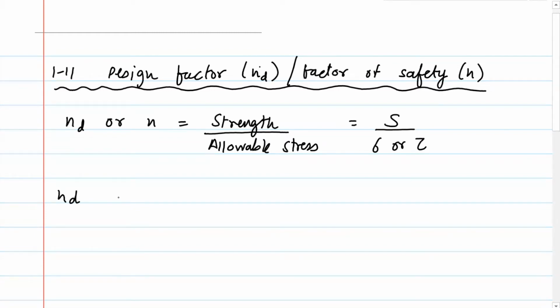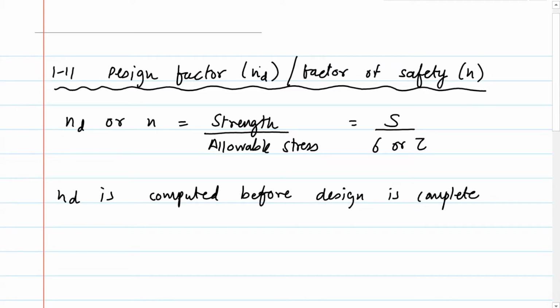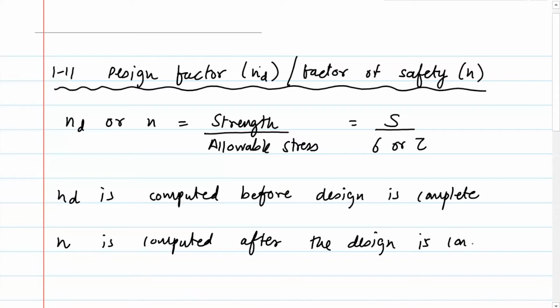So this is how you can distinguish between them. N_D is computed before the design is complete, and n, the factor of safety, is computed after the design is completed.